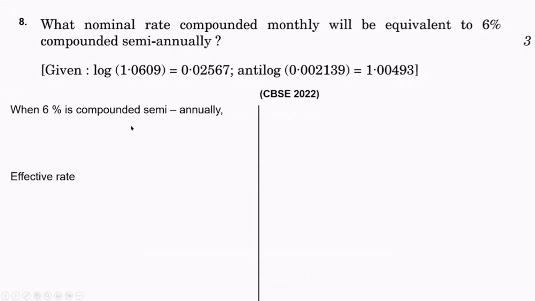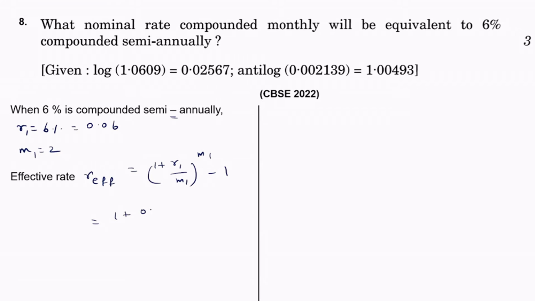When 6% is compounded semi-annually, we have R as 6%, or 0.06, and the number of conversion periods M: here it is compounded semi-annually, so M is 2. Effective rate R effective is given by 1 plus R1 by M1 the whole raised to M1 minus 1.